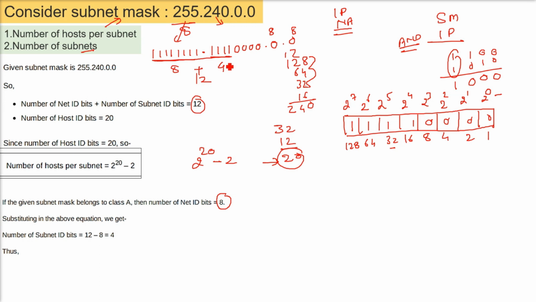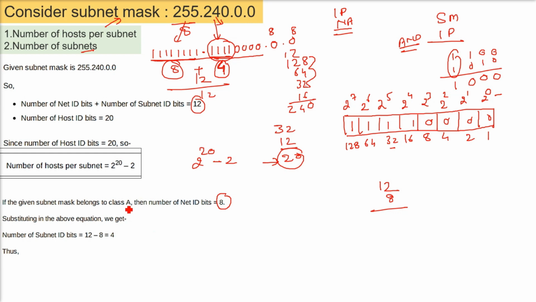How many extra are we using? 4. That is how many you have borrowed from the host. If this is class A, then the second, third and fourth octets are not used for the network. So the second octet, which is actually for the host, you have borrowed 4 bits of it. So this 4 is used for the subnetting.